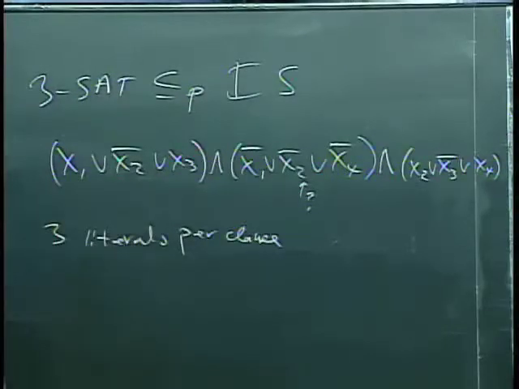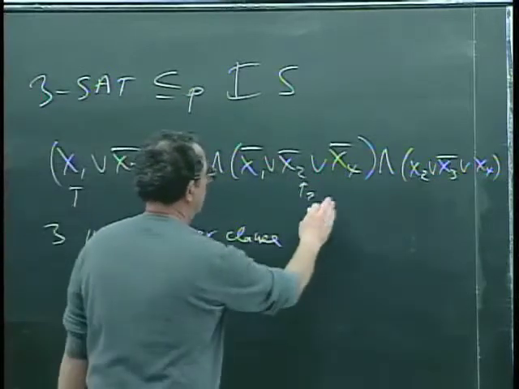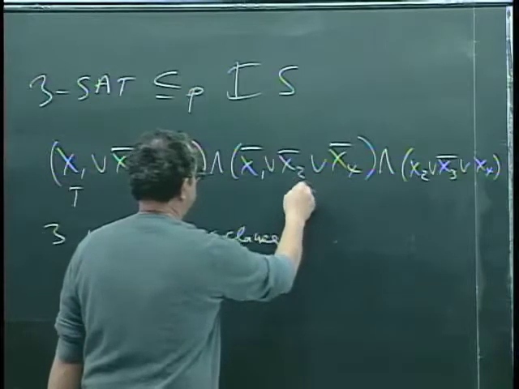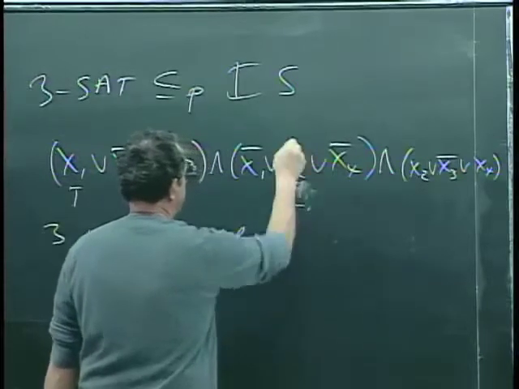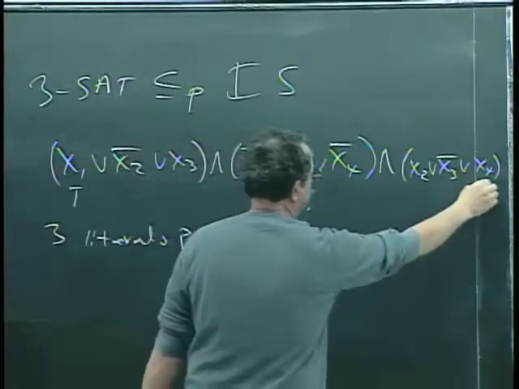They're linked. Now in this particular one, this looks pretty easy to satisfy. We could just make x1 true, make x2 false, which makes x2 bar true, and make x4 true.